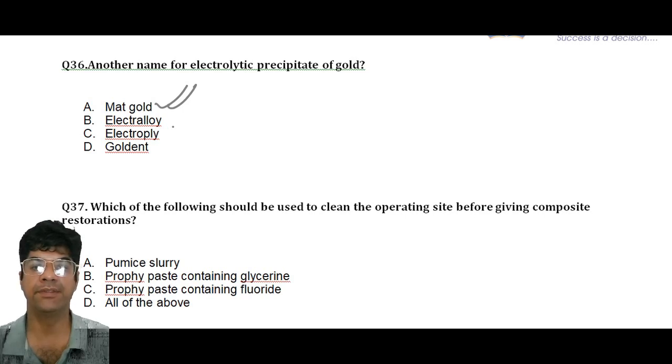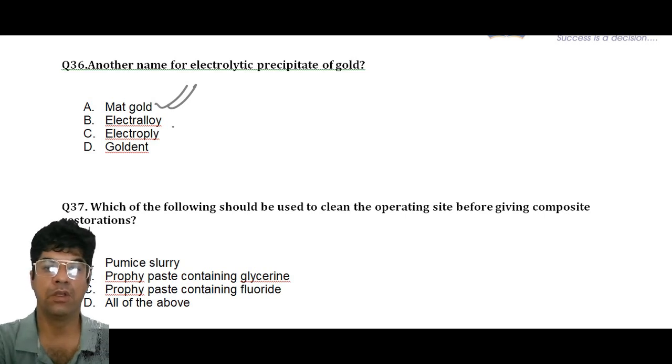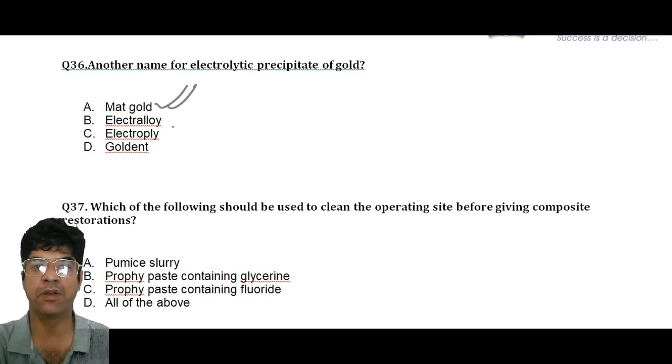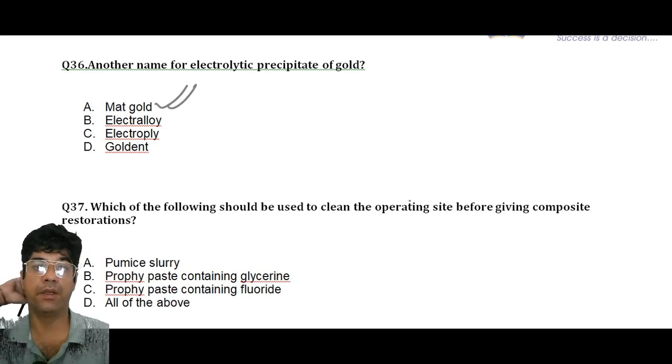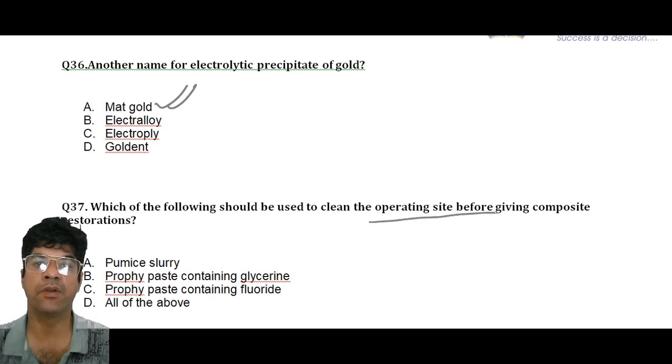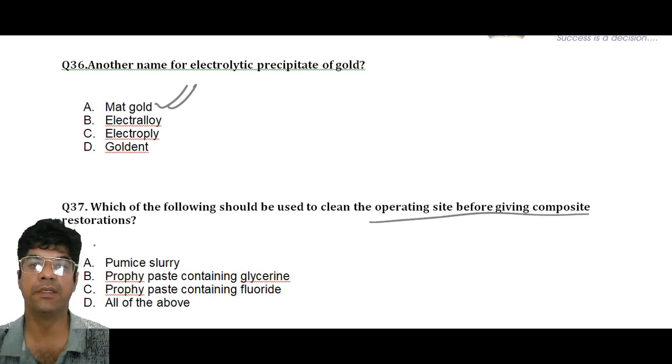Electrolloy is the term used for electrolytic precipitate of gold. The option is B. It is the term that is associated with electrolytic precipitate of gold.